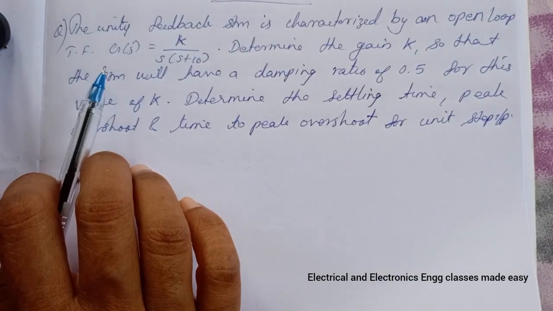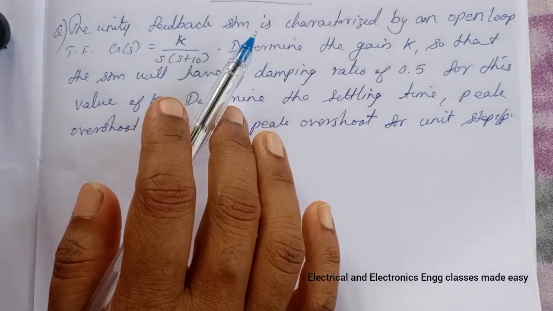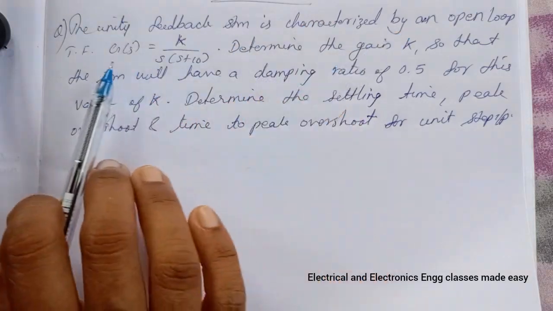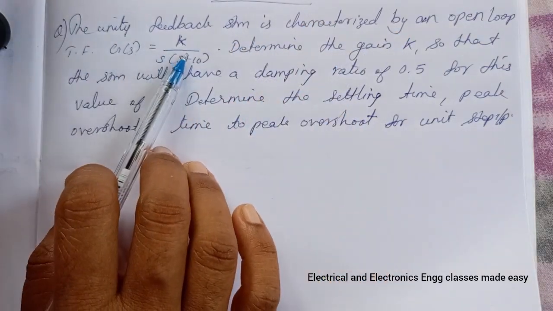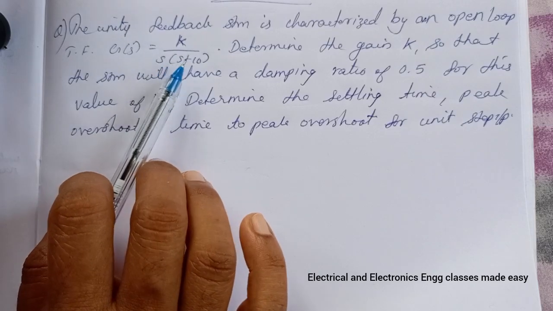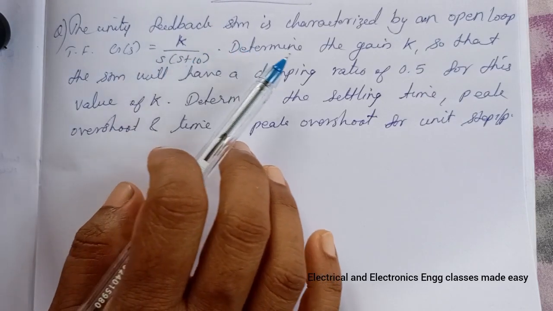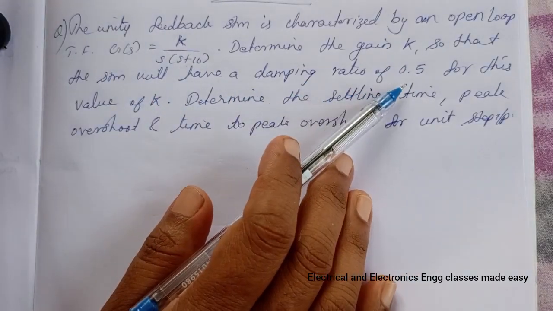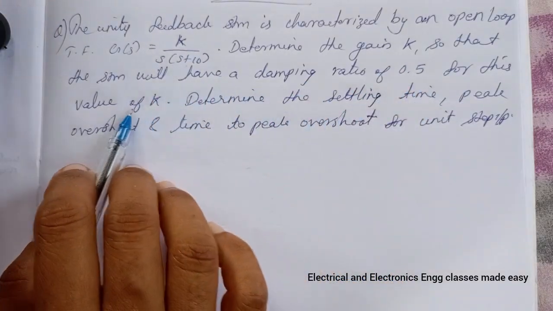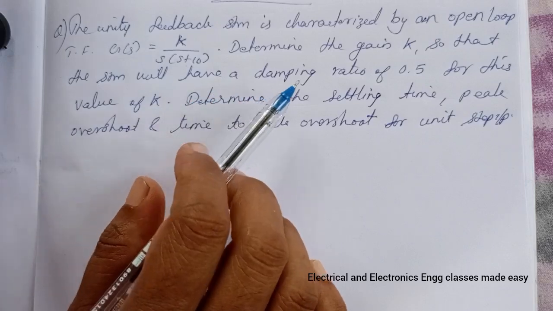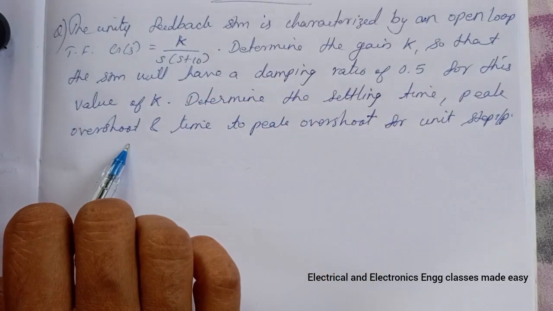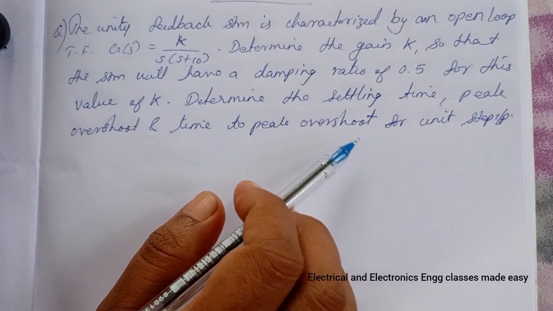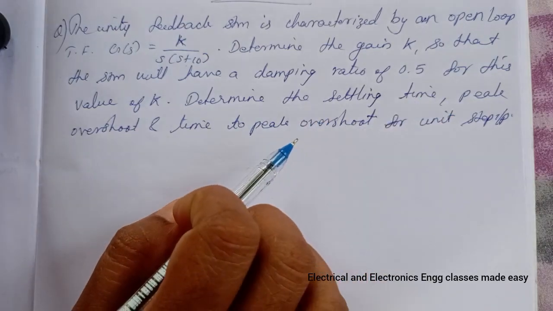Let us do another example. The unity feedback system is characterized by an open loop transfer function G of s equal to K divided by s into (s plus 10). Determine the gain K so that the system will have a damping ratio of 0.5. For this value of K, determine the settling time, peak overshoot, and time to peak overshoot for unit step input.